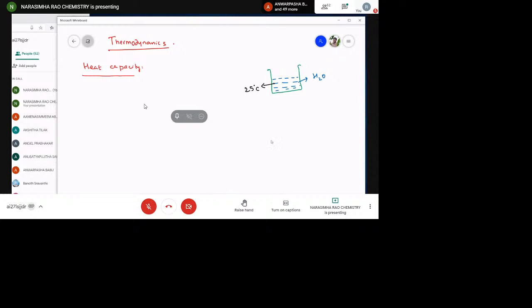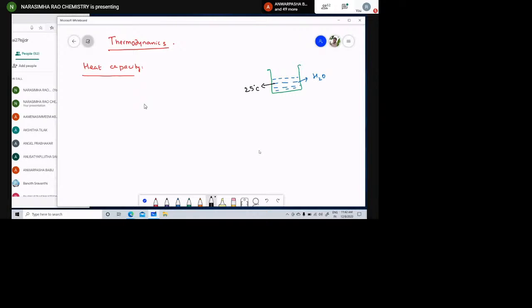By supplying some heat to this, its temperature will be raised from 25 to 25 plus T degrees centigrade.